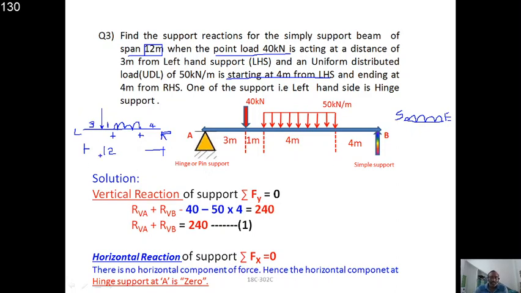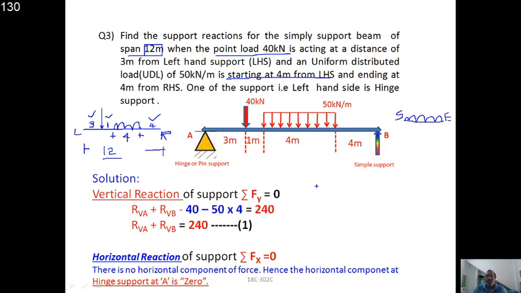The total span is 12 meters and this distance is 4 meters. Therefore 12 minus 4, 8. 8 minus 1, 7. 7 minus 3, 4. So this distance is 4 meters. So this is the way to calculate the missed dimensions or lengths, right? So after getting this dimension of 4 meters, I sketched it as a neat sketch.